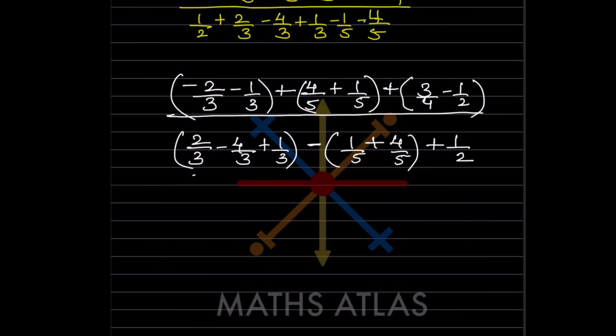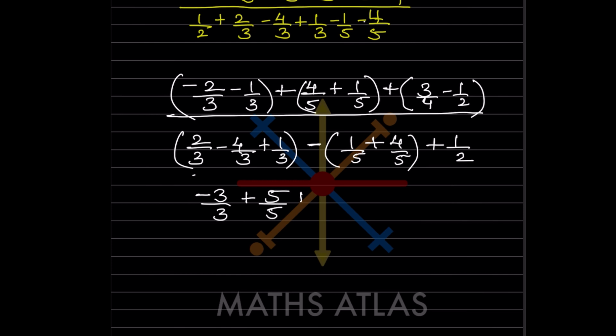So now it becomes easy for the calculation, because now you can see the denominators are same. So what you can write here, first now let us see for this, and later on we will take the LCM of that. So this will take it together, this together, and then for this one we have to take the LCM because the denominators are different. So what will be that, minus 2 minus 1, that is going to be minus 3 by 3, plus 4 plus 1, that is 5 by 5.